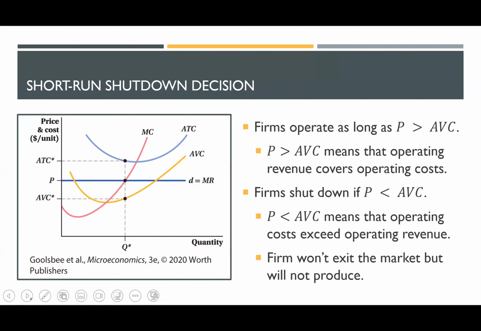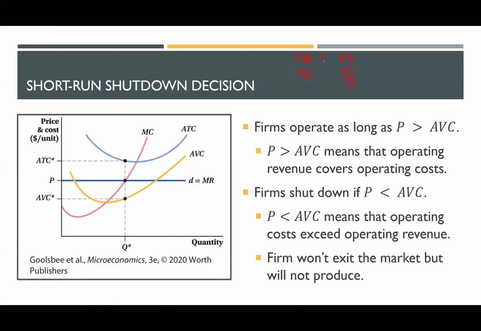We can look at this graphically as well using average variable costs, all right? So if we said on the last slide that the firm is comparing total revenue and variable costs, these two terms we can actually rewrite. Total revenue is price times quantity, and variable costs we can transform by dividing by Q. So I'll have variable costs over Q, right?